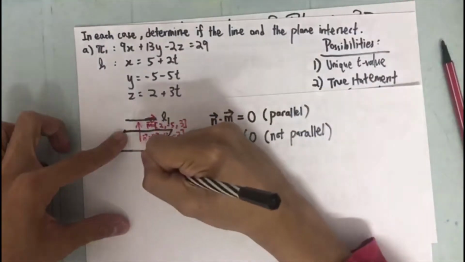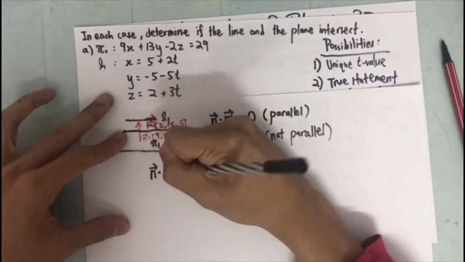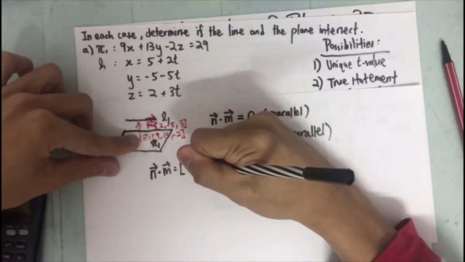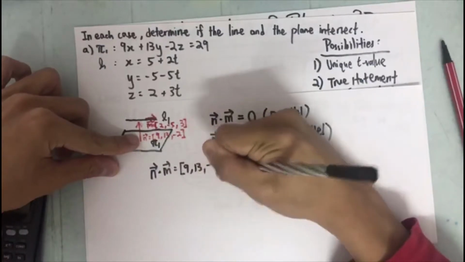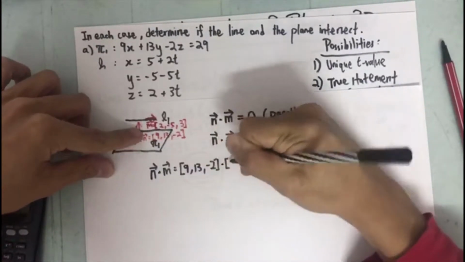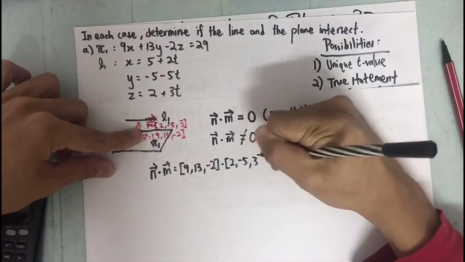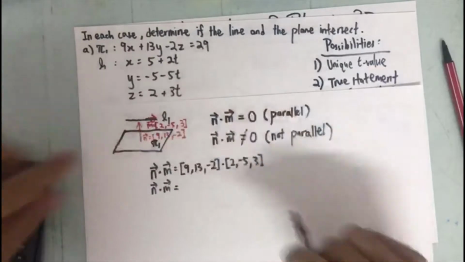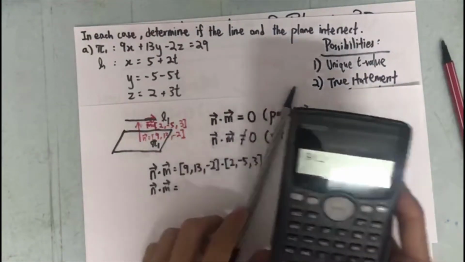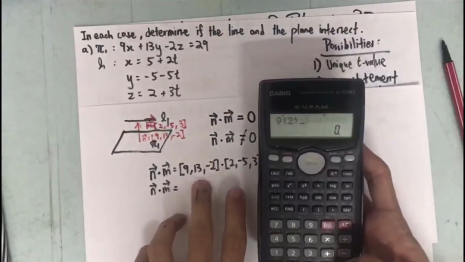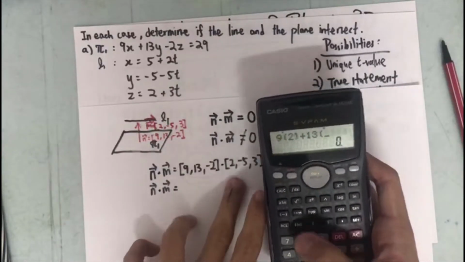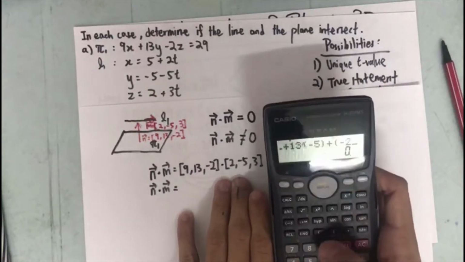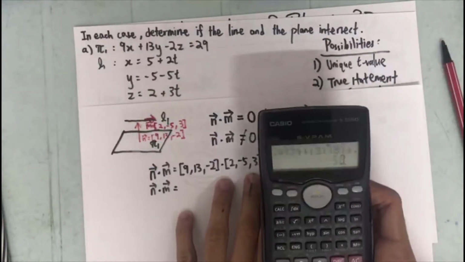Okay, so now we can check for this question. n dot m equals (9, 13, -2) dot (2, -5, 3). Nine times 2 plus 13 times -5 plus -2 times 3.